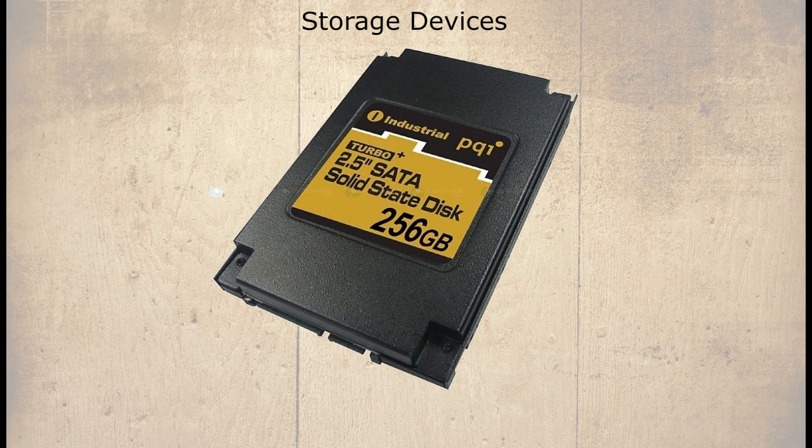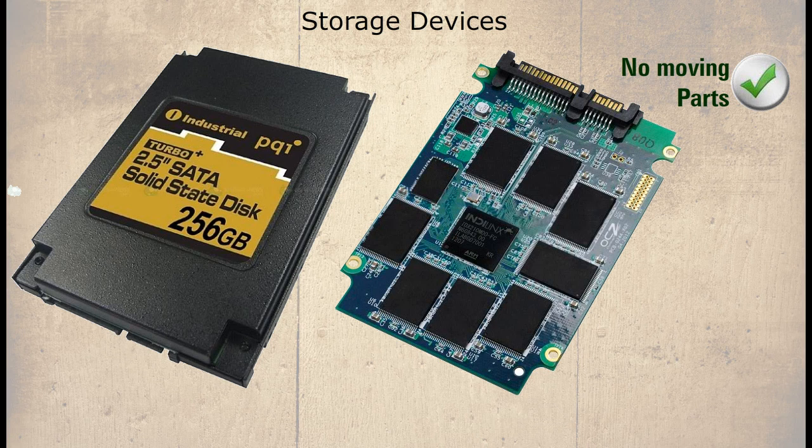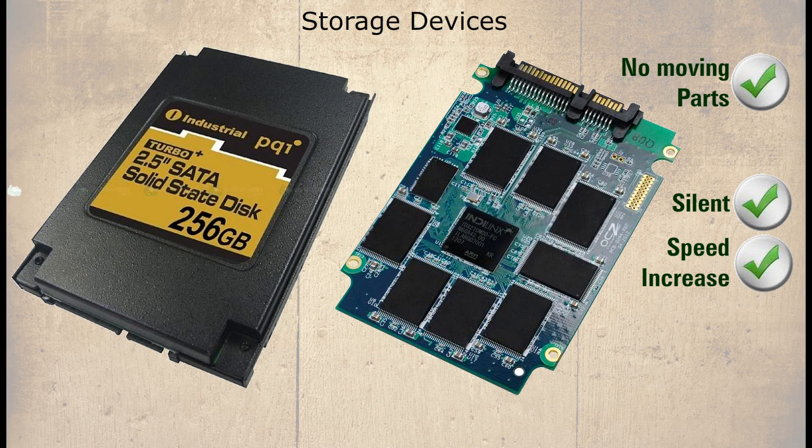A solid-state drive, SSD, is very much like a hard drive in that it also provides permanent storage to the system. Unlike a traditional hard drive, the SSD has no internal moving parts and uses flash memory to store data. This makes the drive function almost silent and increases load speed dramatically.